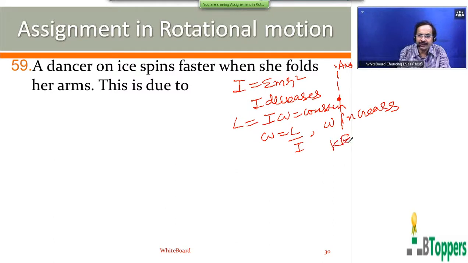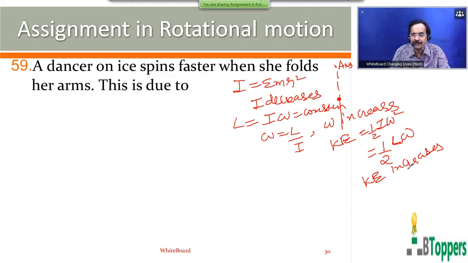The kinetic energy of rotation can be written as half I omega square, or also as half L into omega. Here L is constant but omega increases. Therefore, the kinetic energy of rotation about the vertical axis increases.